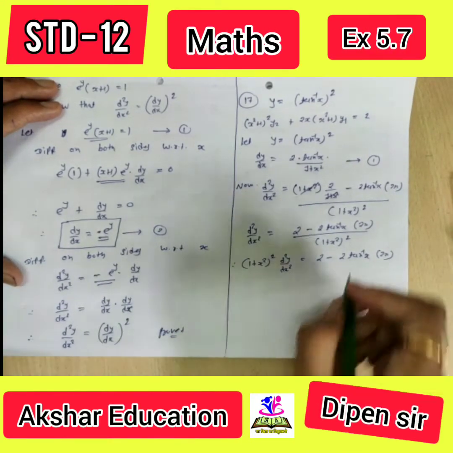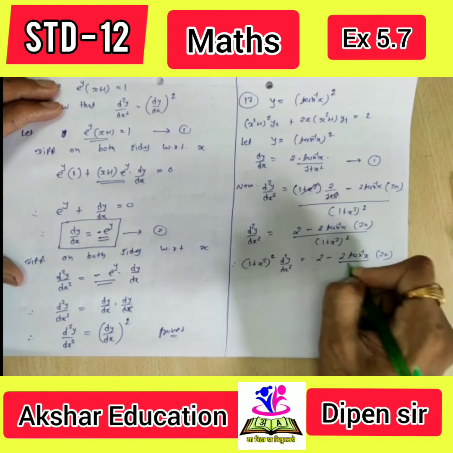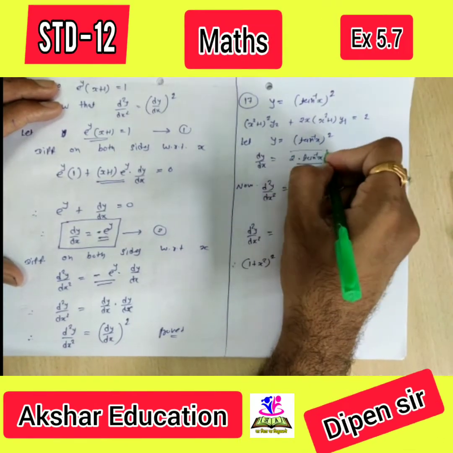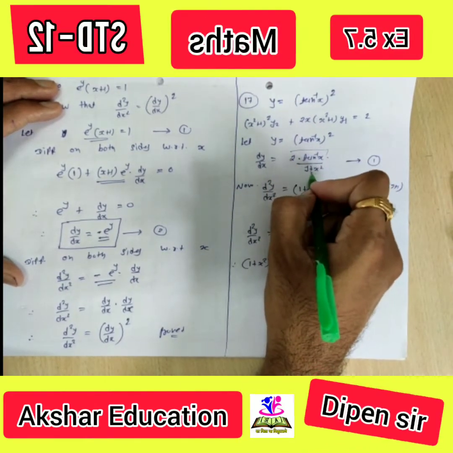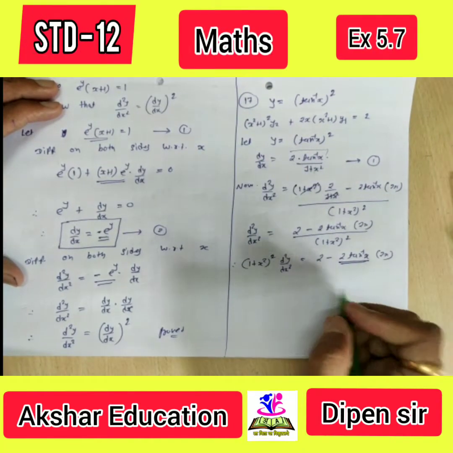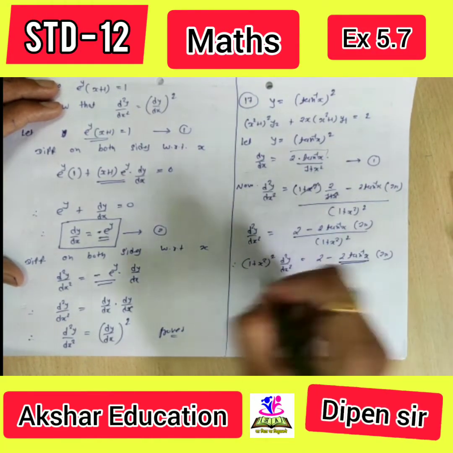Clear? Now students, this 2 into tan inverse x can be replaced with (1 plus x square) into dy by dx from result 1, and taking this term to the right hand side.